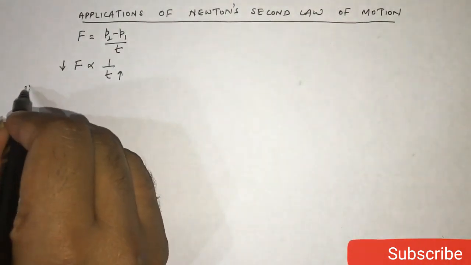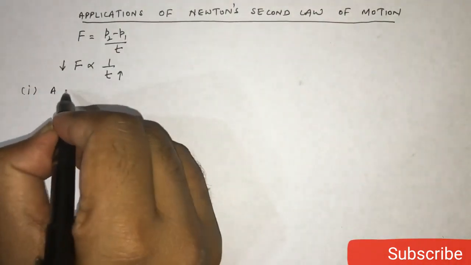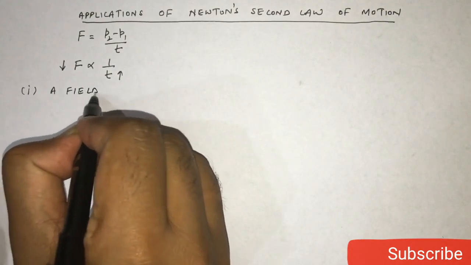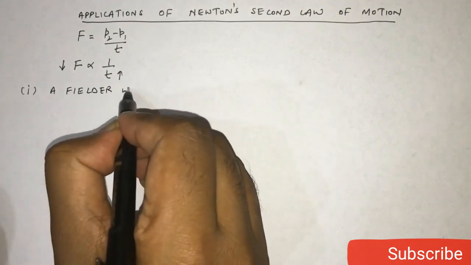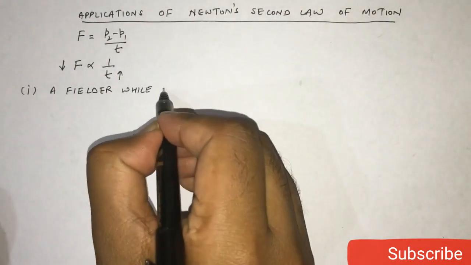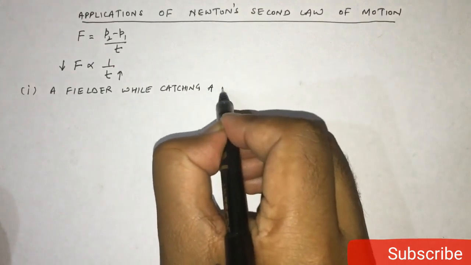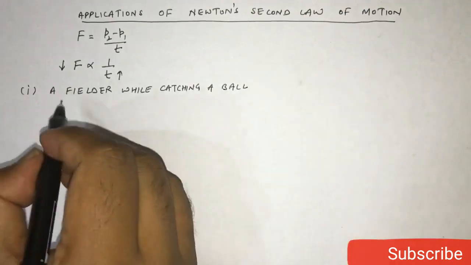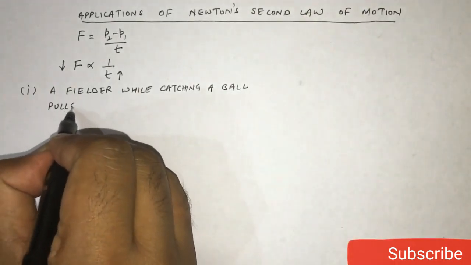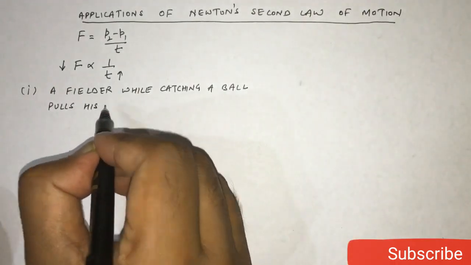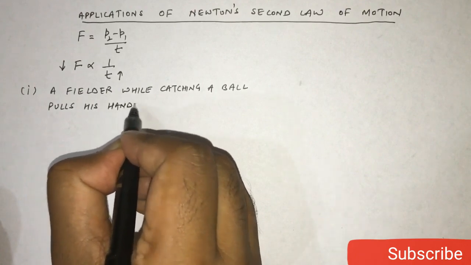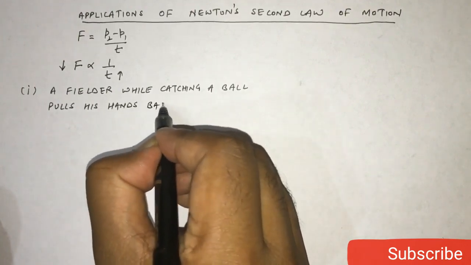First application is a fielder while catching a ball pulls his hands backward.